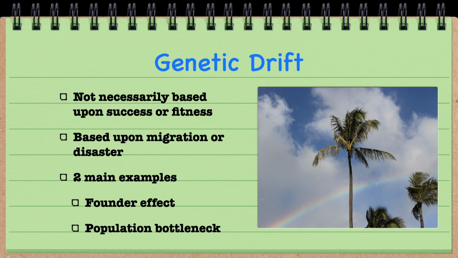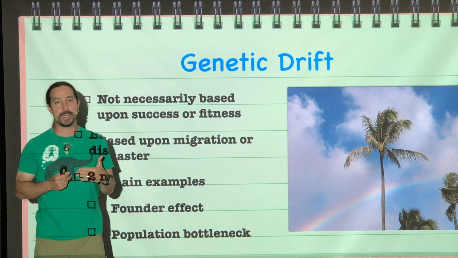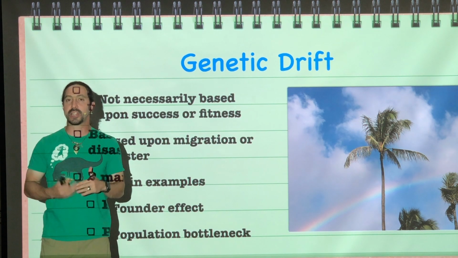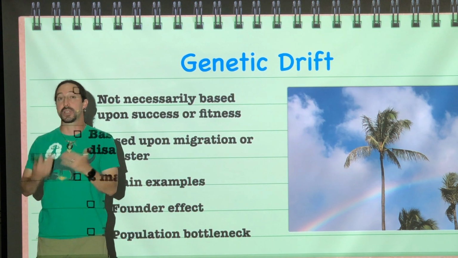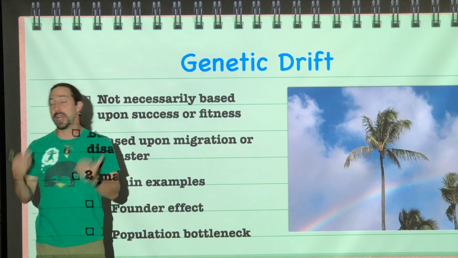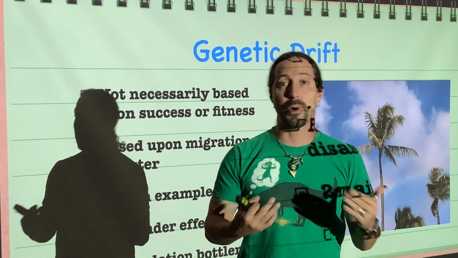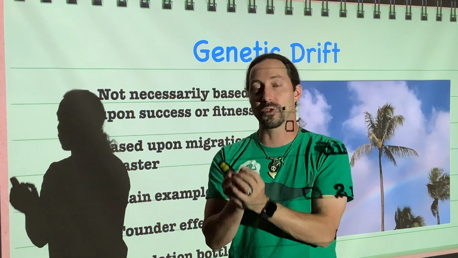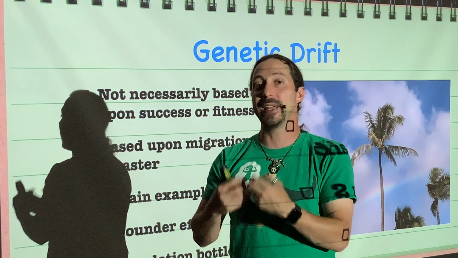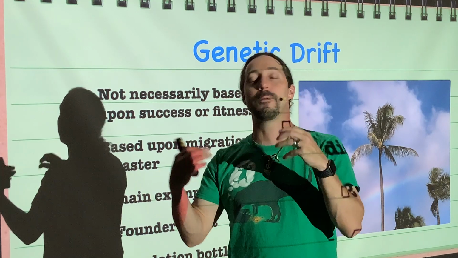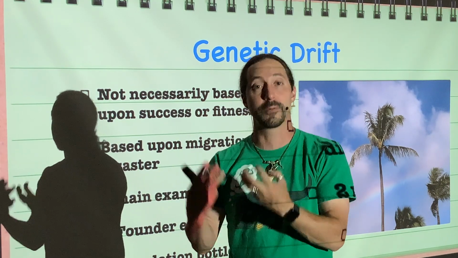So first, genetic drift. What is it? Well, first off, it's not necessarily based on fitness. Unlike natural selection, where some organisms are going to outcompete other organisms, genetic drift is not based upon one factor or one specific allele being a favorable allele. It's not about a phenotype being better than another phenotype.